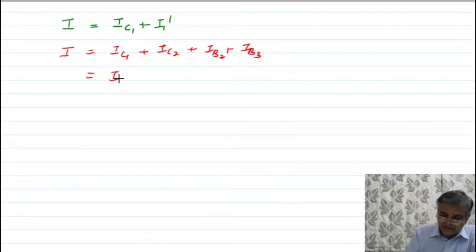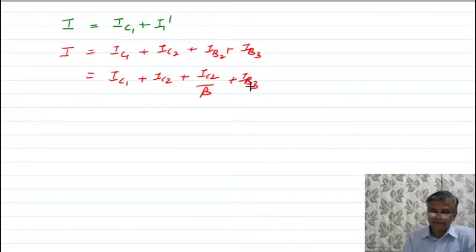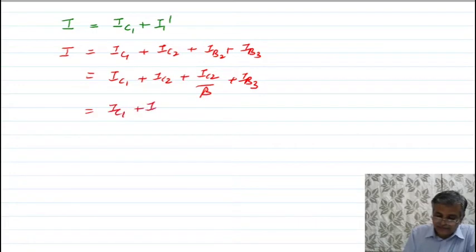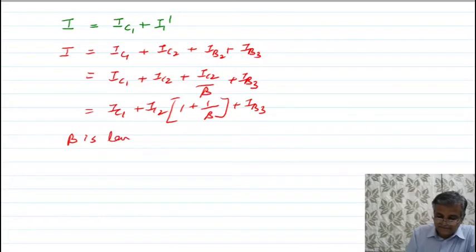So I can write IC1 plus IC2 plus IC2 upon beta plus IB3. So I can write IC1 plus IC2 times 1 plus 1 upon beta plus IB3. Beta is large, so 1 upon beta tends to 0. So I can write IC1 plus IC2 plus IB3.